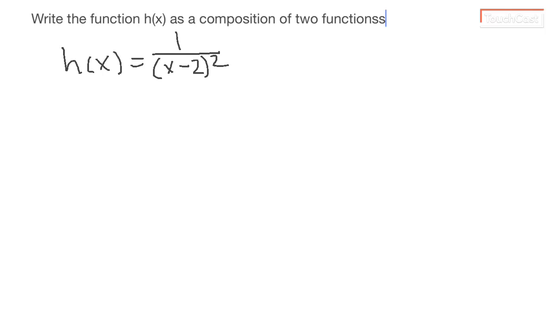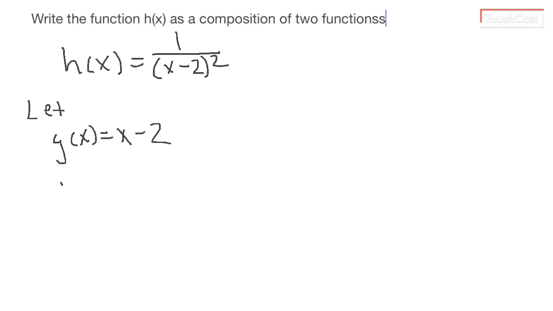Now, when we're asked to decompose this, we can play around with it however we want. What I'm going to do is let g of x, we're going to define a new function and we're calling it g, equal the x minus 2 part.